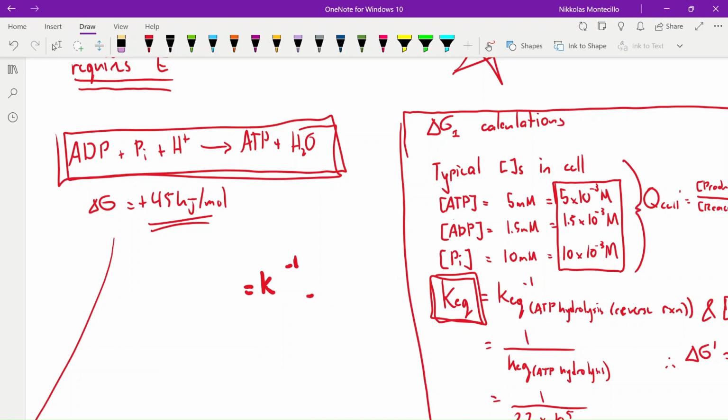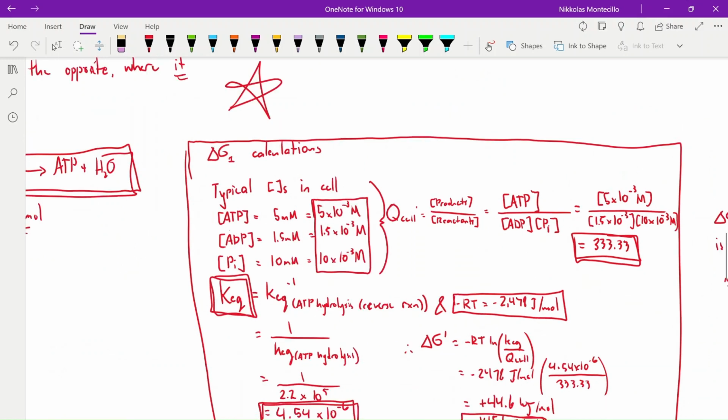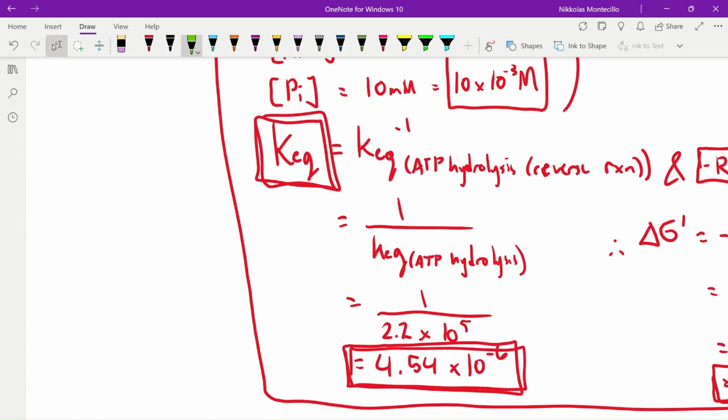So with ATP synthesis, we find that the equilibrium constant, 1 over the equilibrium constant of ATP hydrolysis, we determine this value to be 4.54 times 10 to the negative 6. Okay.